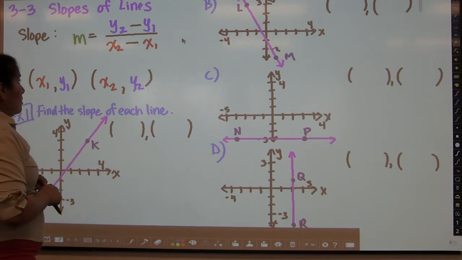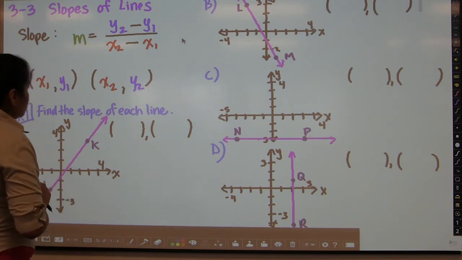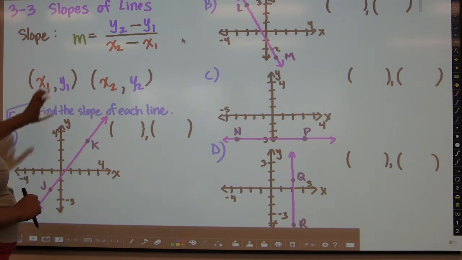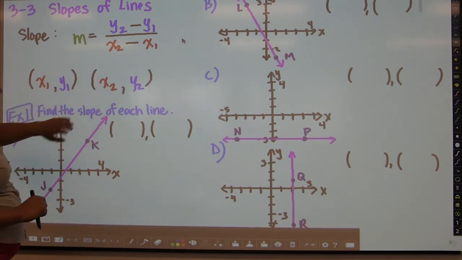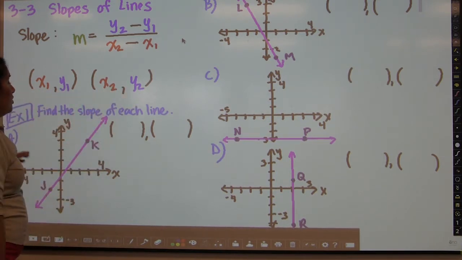So the formula goes change in y, so y2 minus y1 over x2 minus x1, and the most important thing for you to do is label your points. Basically, when you're trying to find the slope, you have to be given two ordered pairs, 2 points, and we label those points x1, y1, x2, y2. And if you do that, then you'll never have a problem with finding your slope.